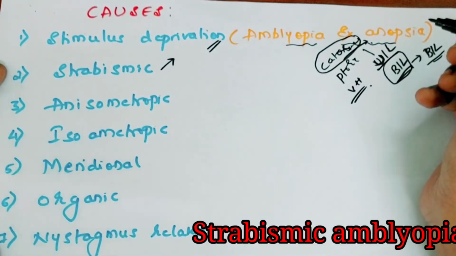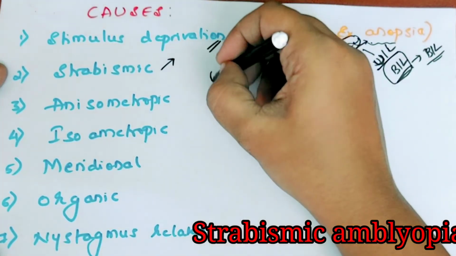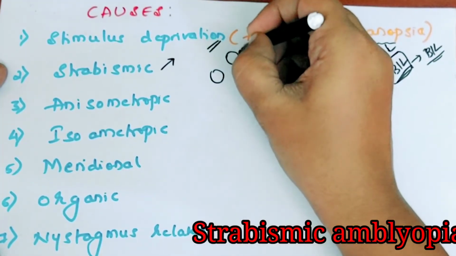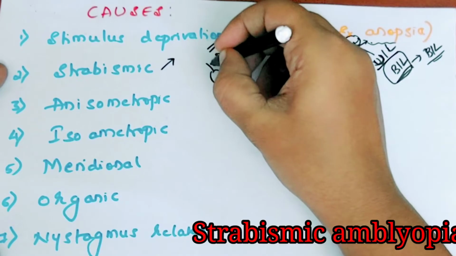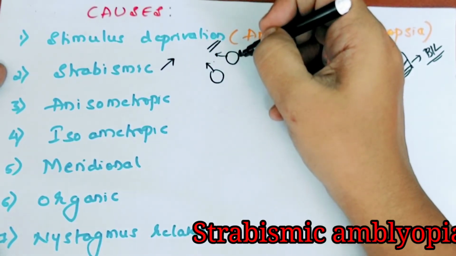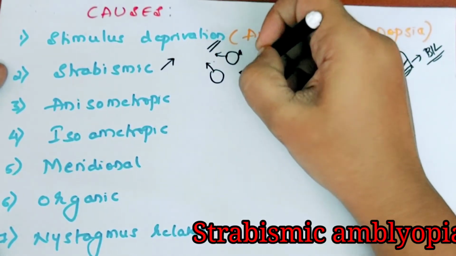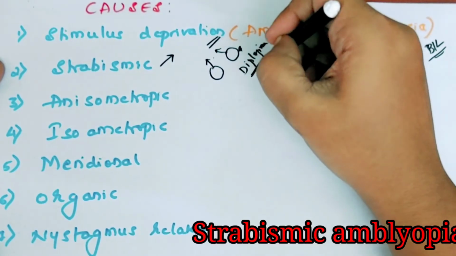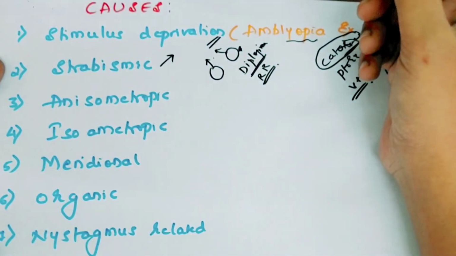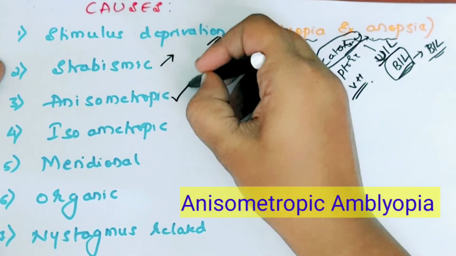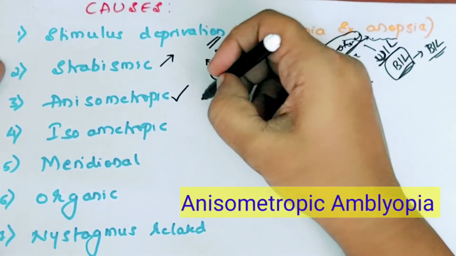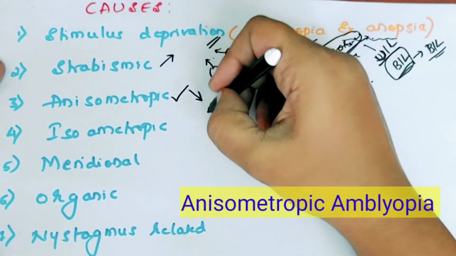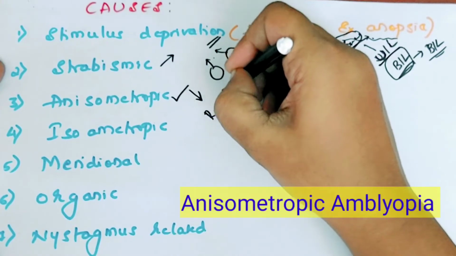Strabismic amblyopia, where the cause is squint or the strabismus. So the image which is formed by the squinting eye is not fused with the normal image which is formed by normal eye. Hence the patient may have diplopia or retinal rivalry, which will lead to the amblyopia process. The next is anisometropic amblyopia, means there is something to do with the refractive errors.